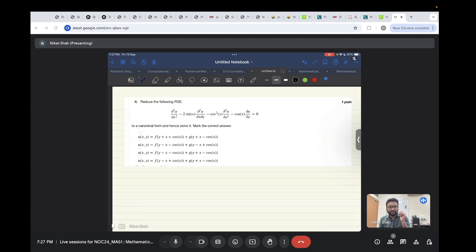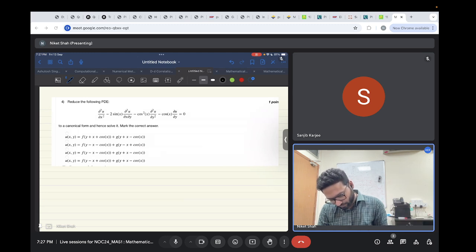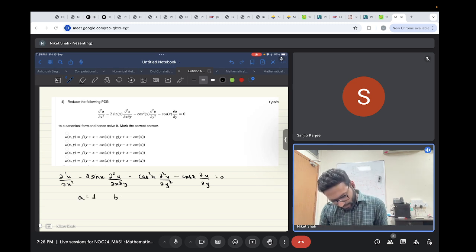There's a partial differential equation given. I have to reduce the partial differential equation to its canonical form, right? So del square u by del x square minus 2 sin x del square u by del x del y minus cos square x del square u by del y square minus cos x del u by del y is equal to 0. Okay, so a is equal to 1, b is equal to minus 2 sin x.